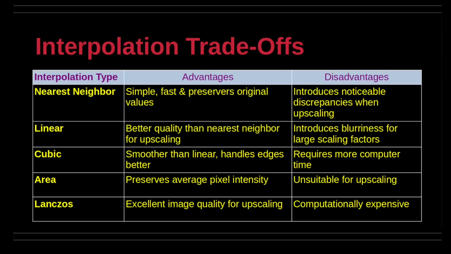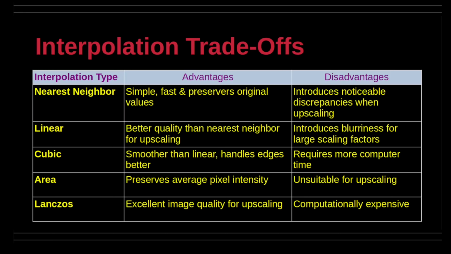Preservation of details. Nearest neighbor preserves original pixel values but can introduce artifacts, while the other methods might introduce blurriness. Computational cost. Methods like bicubic and Lanczos are computationally more expensive than nearest neighbor and bilinear.